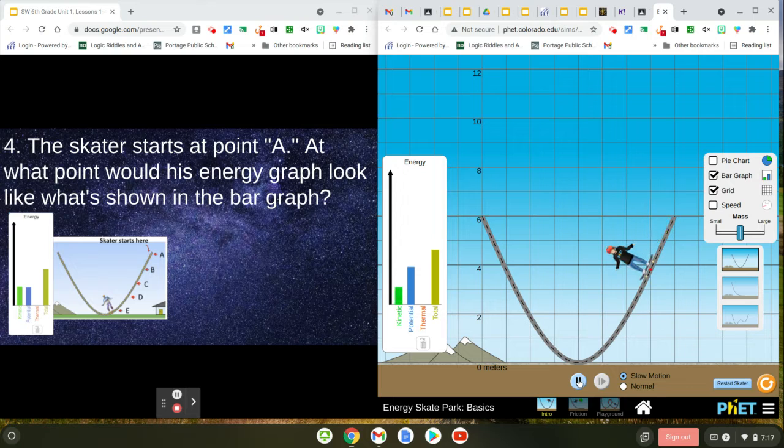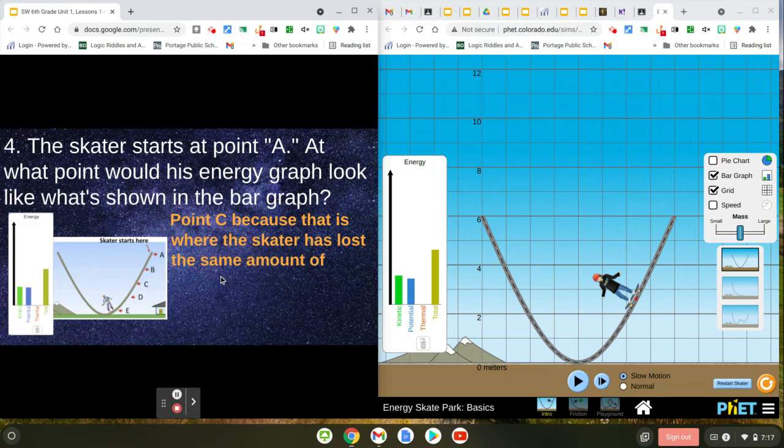So we'll let it go. Oh, and there it is, just about even. And I think that matches letter C closest. So point C, because that is where the skater has lost the same amount of energy. So it lost its potential energy as it has gained kinetic. So they are even, okay, at about point C.